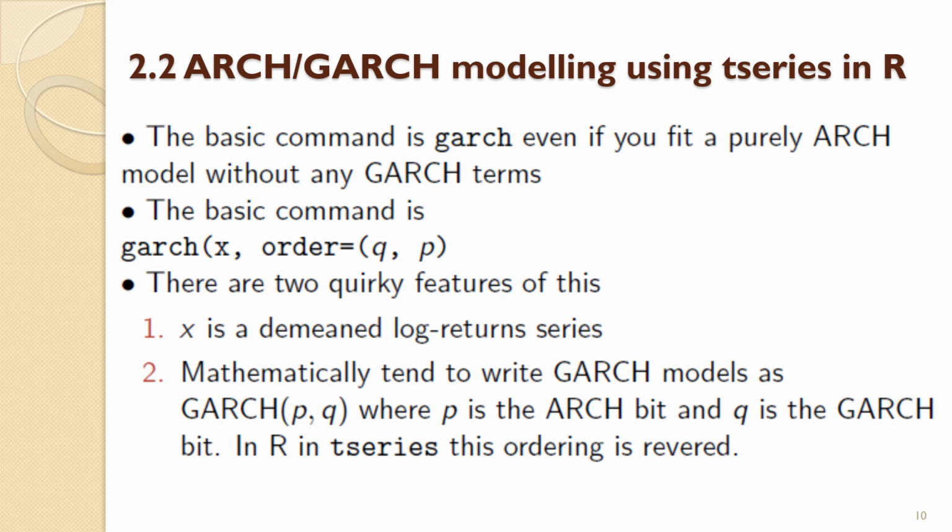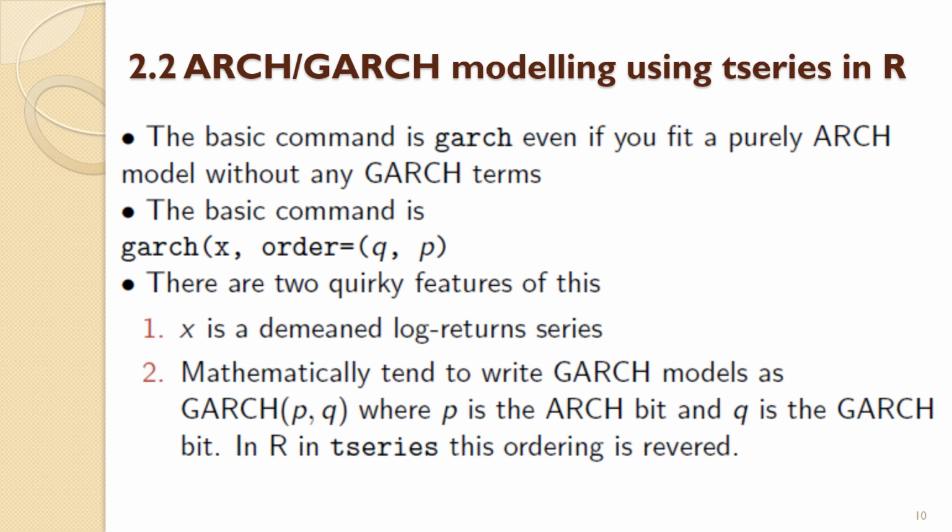Okay, but precisely because this is so quirky, I think this actually makes it easier to remember what's going on. The basic command is garch applied to a de-meaned log return series here called x, and the order (q,p). This is the opposite way round to how you usually write down the GARCH model mathematically. So in R it calls it garch(q,p). Mathematically you normally write this down as GARCH(p,q).